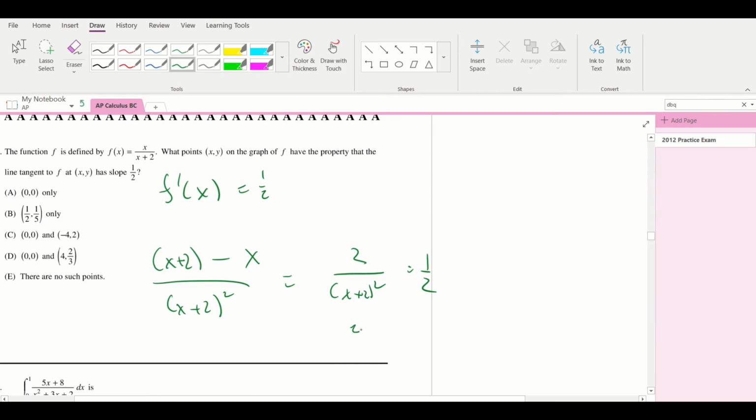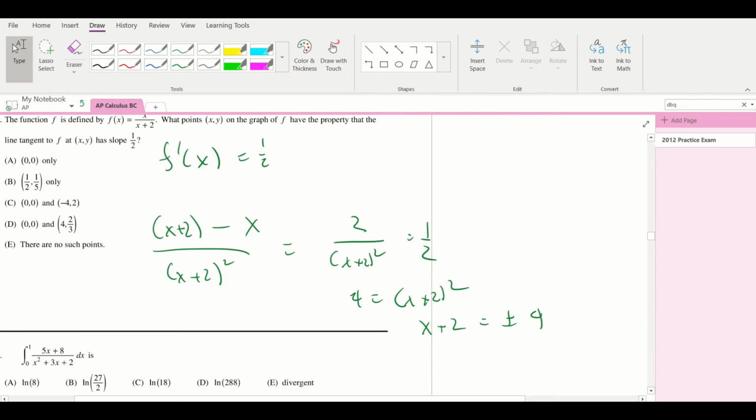Alright, so we have 4 equals x plus 2 squared. So x plus 2 equals plus or minus 4. Sorry, not plus or minus 4. Plus or minus 2. So x equals 0 or negative 4.